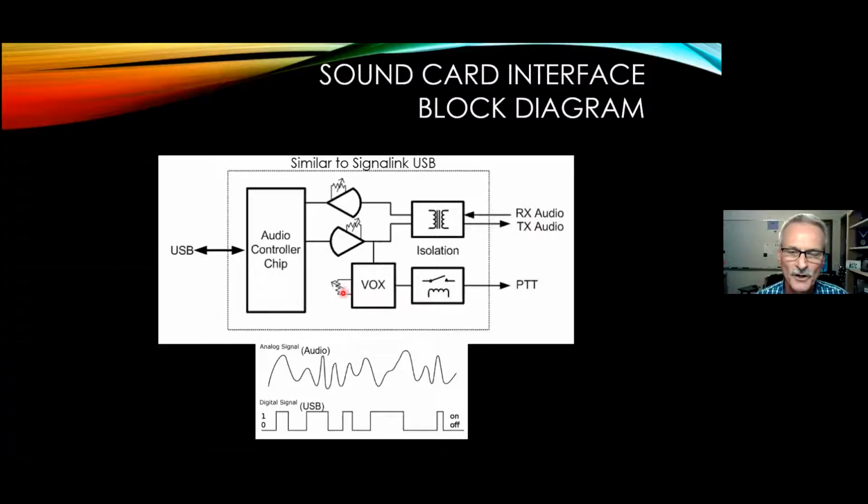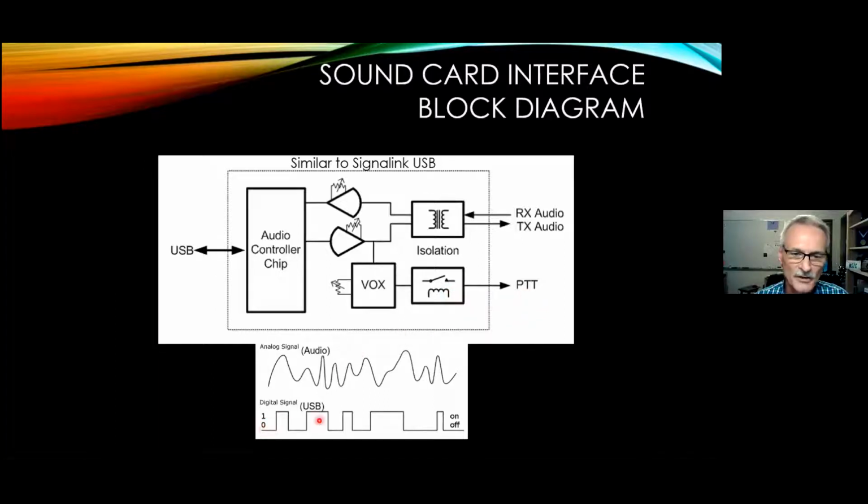In addition, we're going to have some kind of way to activate push to talk. Now, in the case of the Signal Link, we take one channel of the signal off of here, and we run it into a VOX circuit, voice-operated transmit. So when it hears sound, essentially, it's going to fire off this relay inside there, which will be connected to the push to talk lead on your radio.